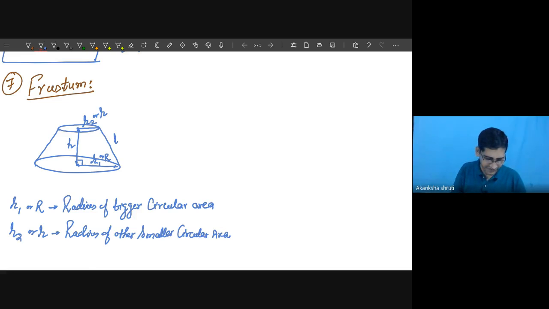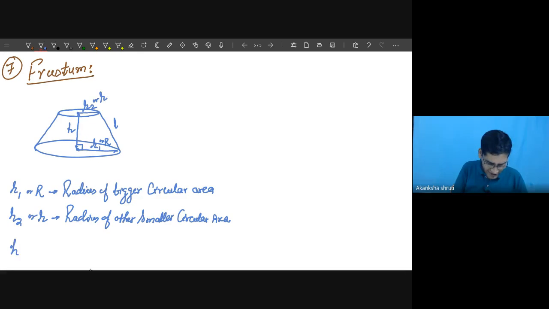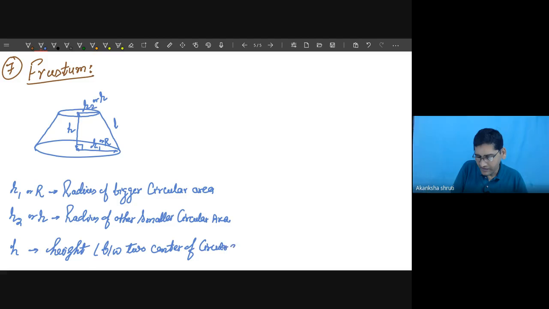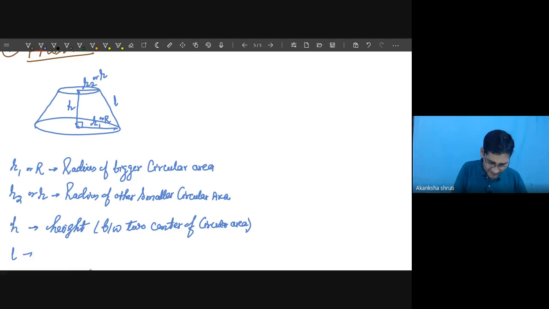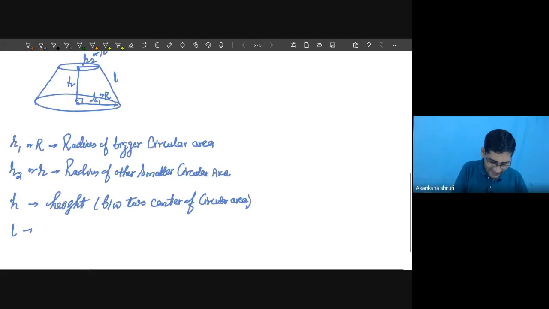It is this one. Another is h, the height. It is always between the two centers of the circular areas. And then L is there. This L is called the slant length.